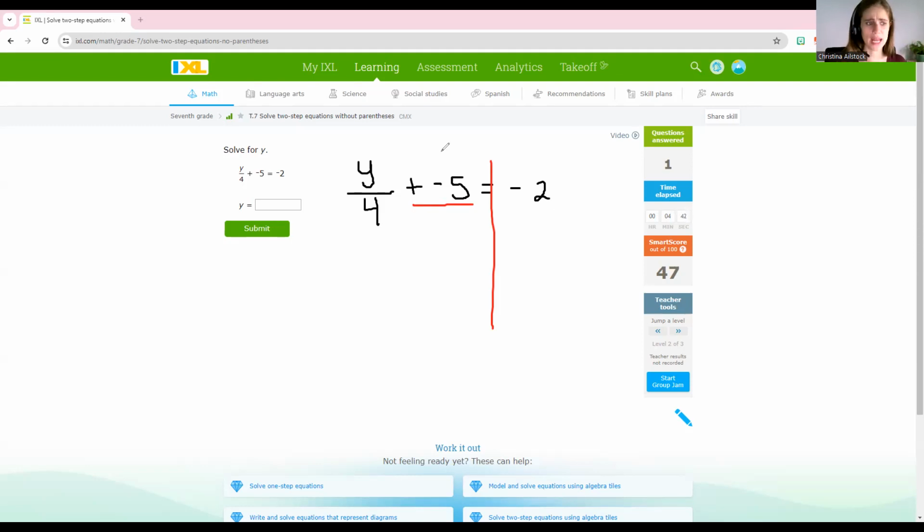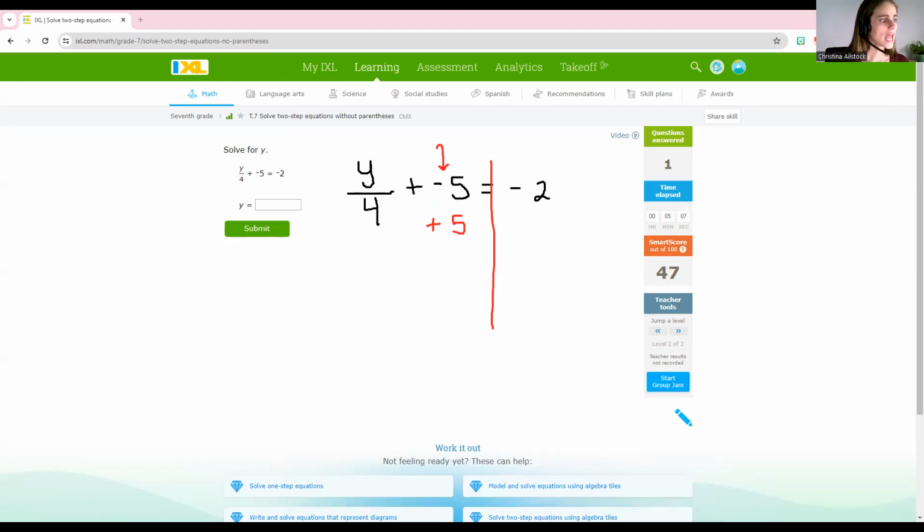So because of that, since it's a -5, the inverse, the opposite of a -5, would be a +5. And a +5 is the same thing as a +5, addition, positive, interchangeable in this case.